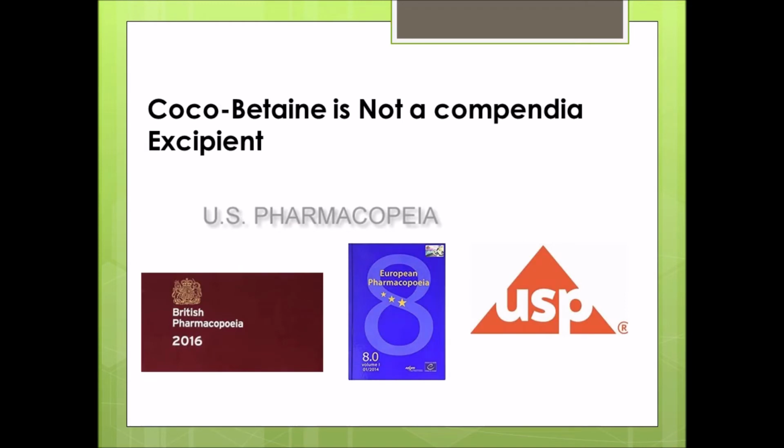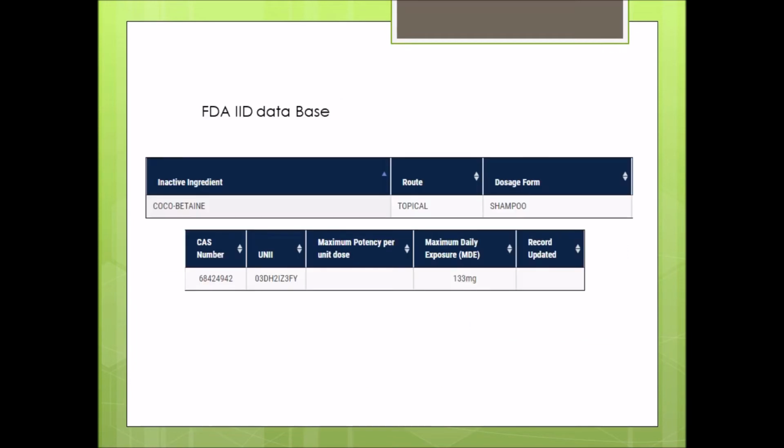First of all, Coco-Betaine is not a compendial excipient, so we don't have any monograph in EP, USP, or BP. But definitely there is information in the cosmetic publication. Although it is not a compendial raw material, in the FDA IID database we have one entry for Cocobetaine, and it is for topical shampoo, and the maximum daily exposure is 133 milligram.